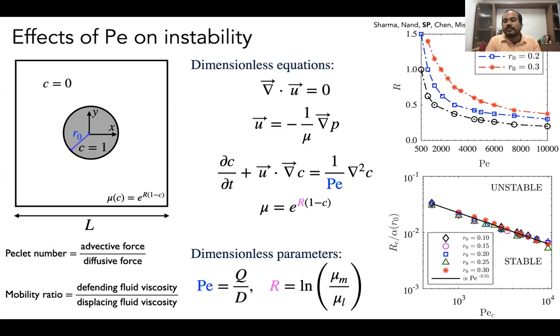What does the top right figure show? The top right figure shows a phase plane analysis with the mobility ratio on the y-axis and the Peclet number on the x-axis for three different initial radial positions of the displacing fluid. All the region below these curves denotes where the flow is stable, and everything above it is unstable.